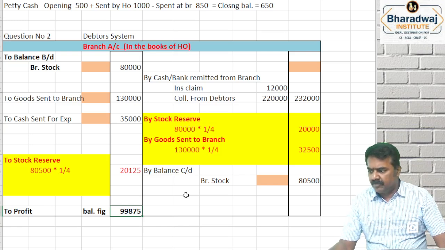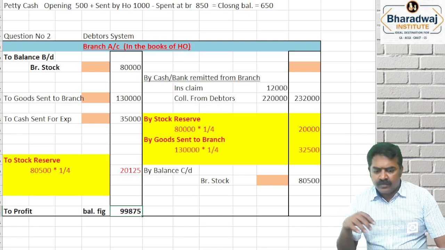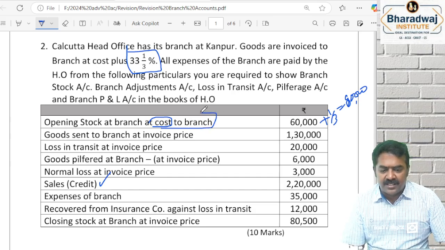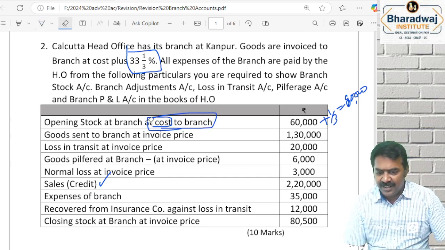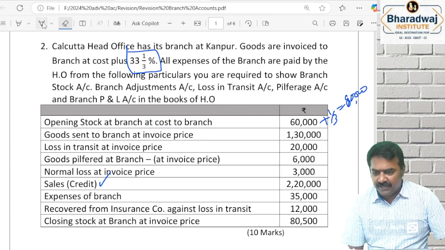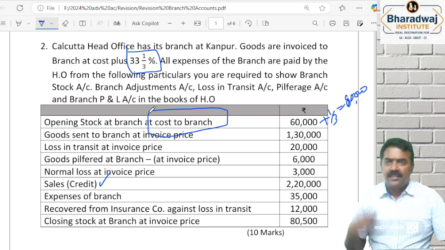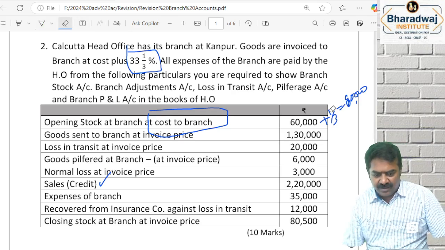In the opening stock, it is at cost to the branch, and it is already at invoice price. Sorry, very good observation. At cost to the branch they have given, not at cost to the head office. At cost to the branch means whatever we send, the invoice price becomes the cost to the branch.